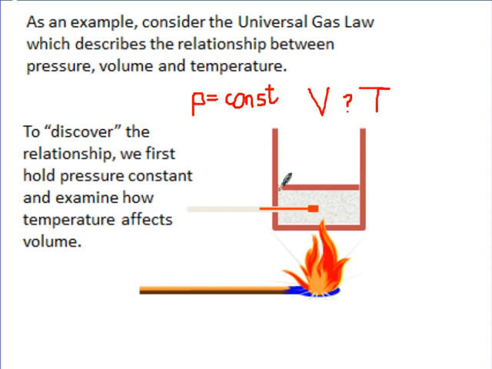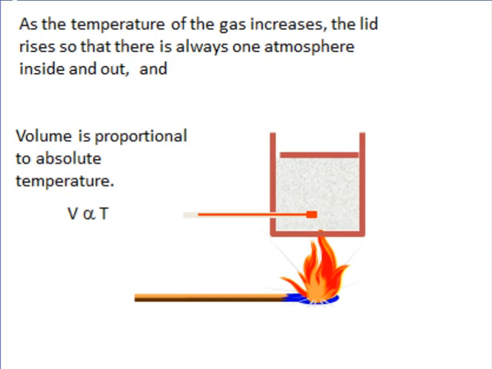And what I do is I set up an environment where this lid, if the pressure inside goes up, the lid will get pushed up. So this is always atmospheric pressure in and outside of this container. And then what I do is I feed some energy in, causing the temperature of this gas to go up, and I watch this thermometer. Oh, look how much hotter it got, and the volume got greater.